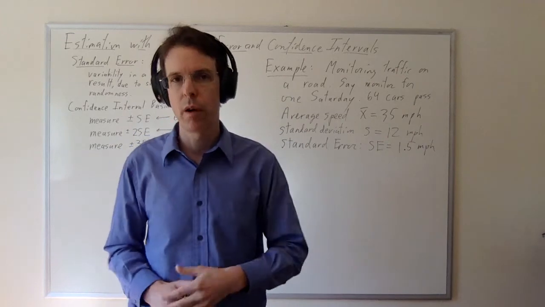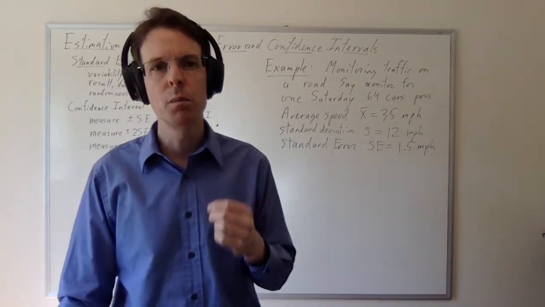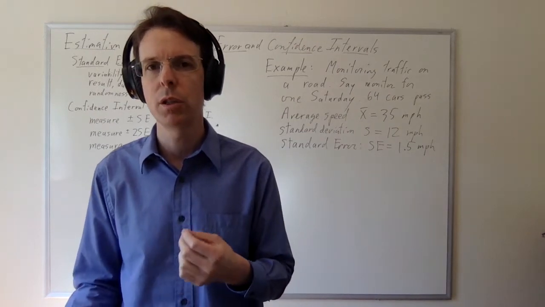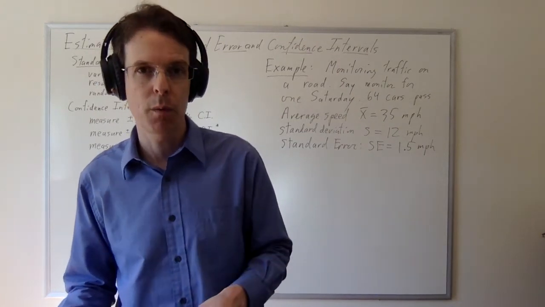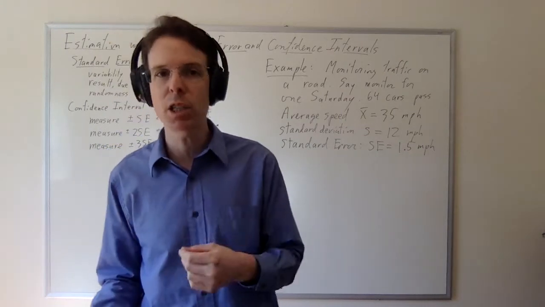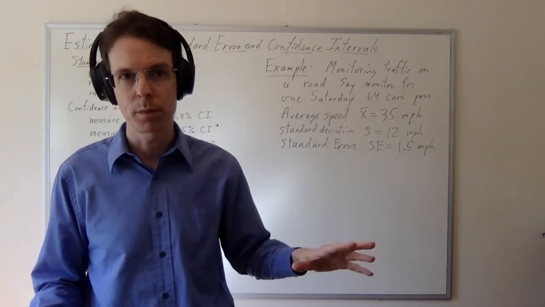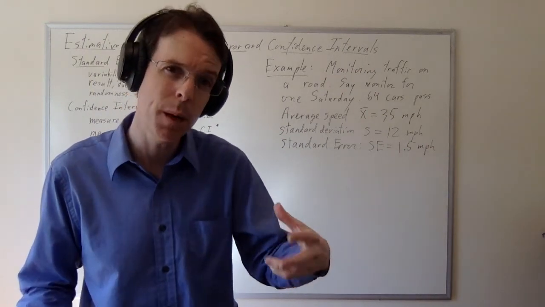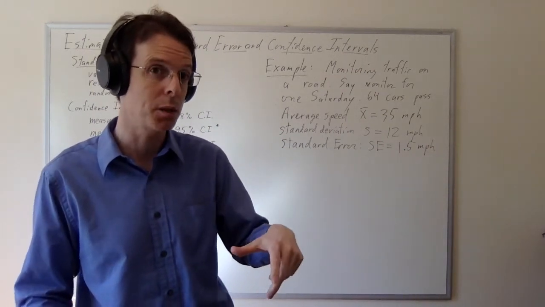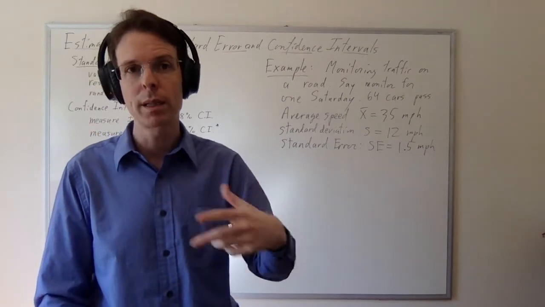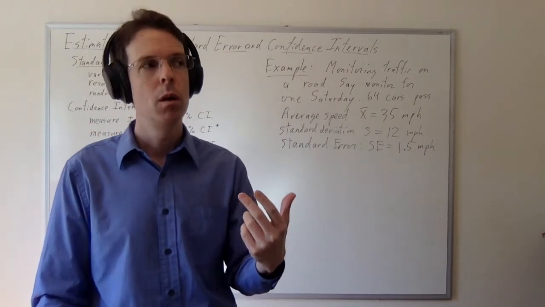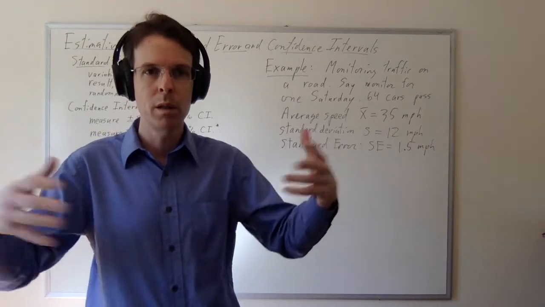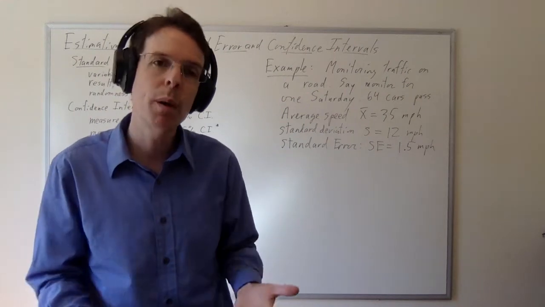But that's not what standard error measures. Standard error is measuring how far off we are in the reported calculation of the mean itself. In other words, there is some actual mean among all of the cars. And our measurement of that mean is 35 miles per hour, but that measurement might not be exactly correct, right? We've measured 35 miles per hour as the average in the sample, but there definitely are other cars right there in this population, and we haven't measured them all.